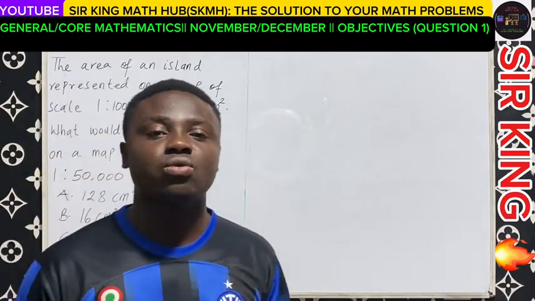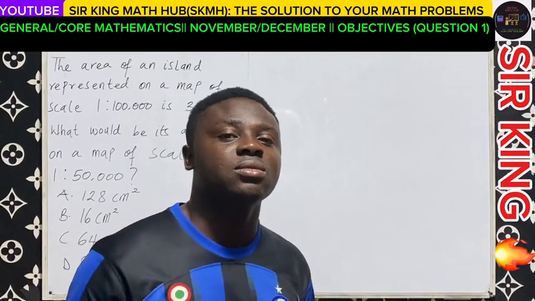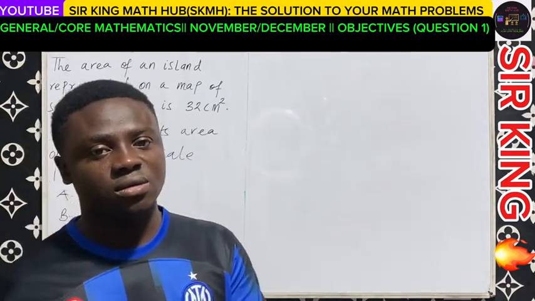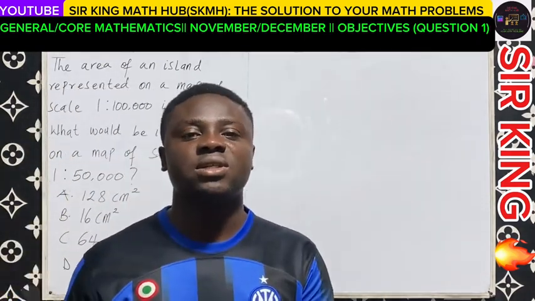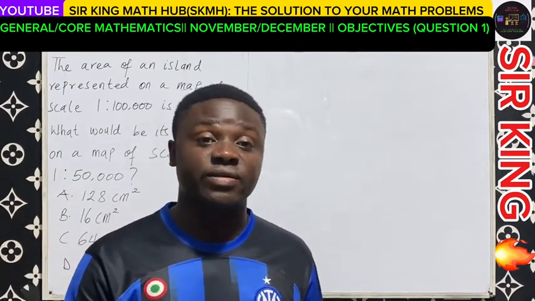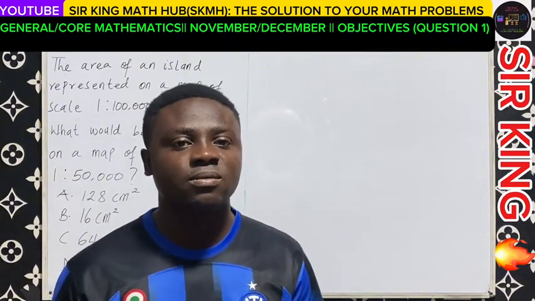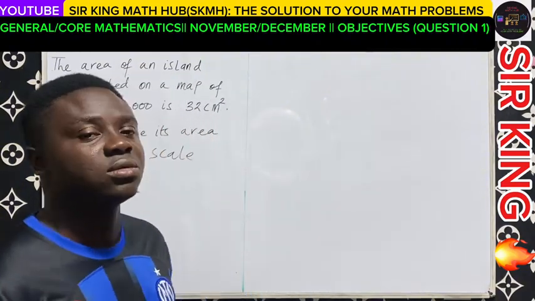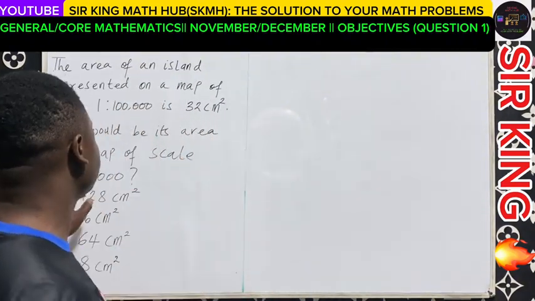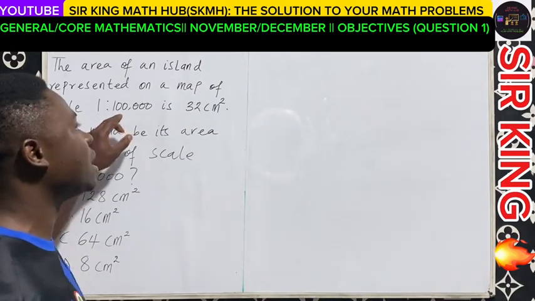That is the reason why I said the second map is larger. The largeness here is talking about the details. So take note: the one with a smaller figure shows more details than the one with a bigger figure.